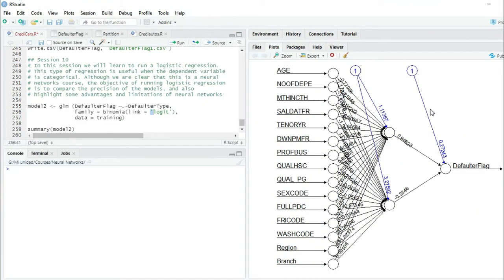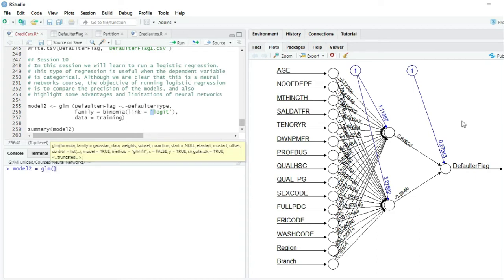So we are here in R, and we are going to create our model of logistic regression. We are going to create the variable model2, which equals the function glm, and this function will have three parameters. The first of them will be the formula of the regression.